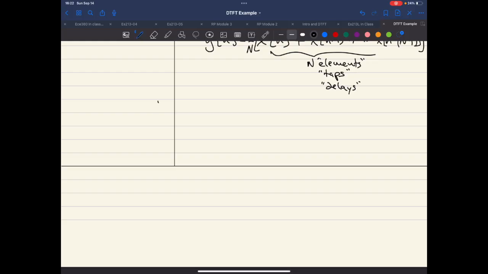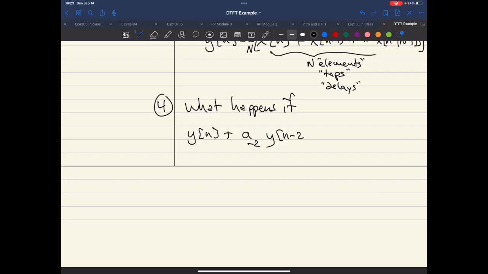Finally, another really vague question, but what happens if we have y[n], we take the second delay element here? What would this do? And we left everything else. What if we just left x[n-4], whatever it was?